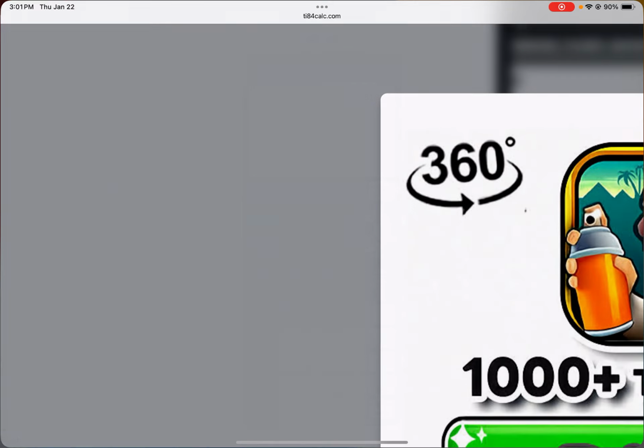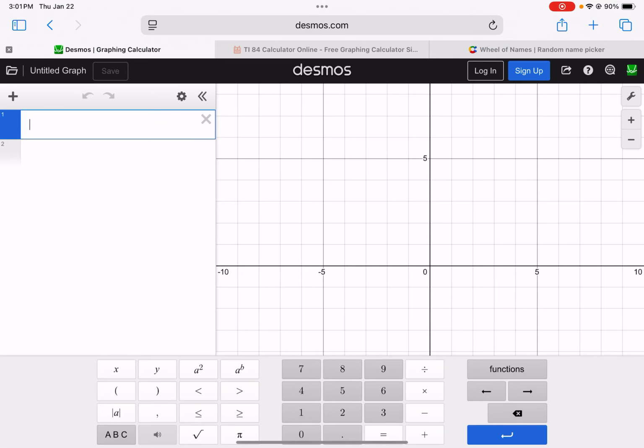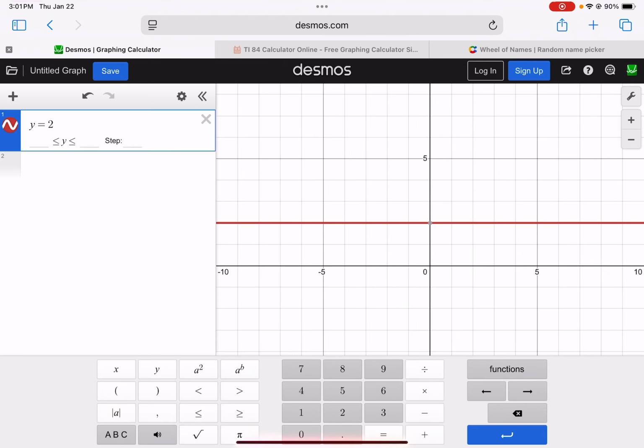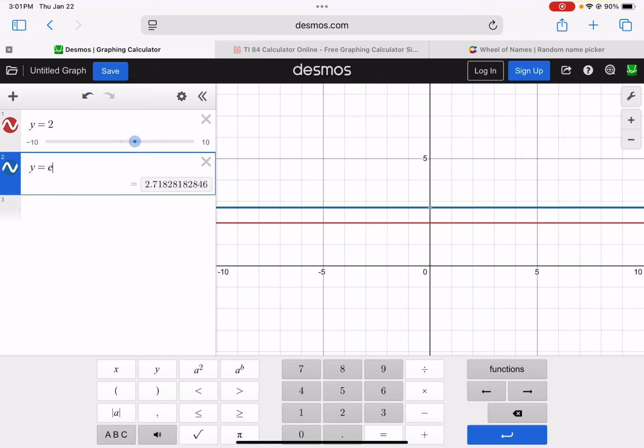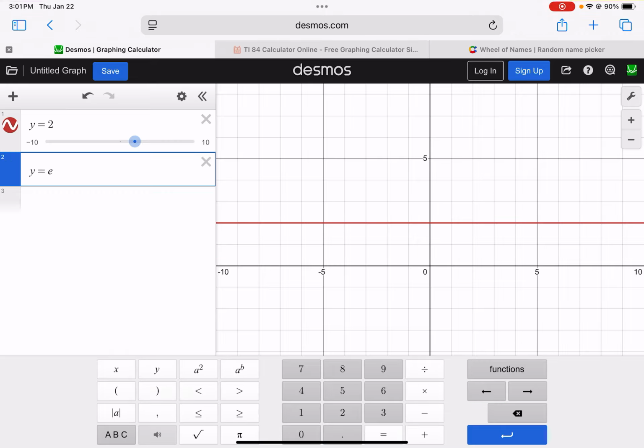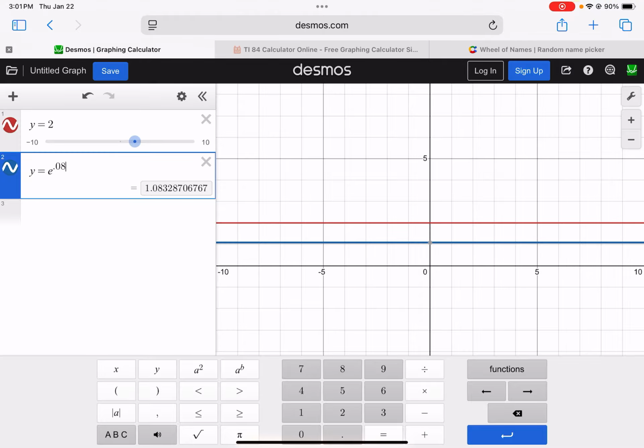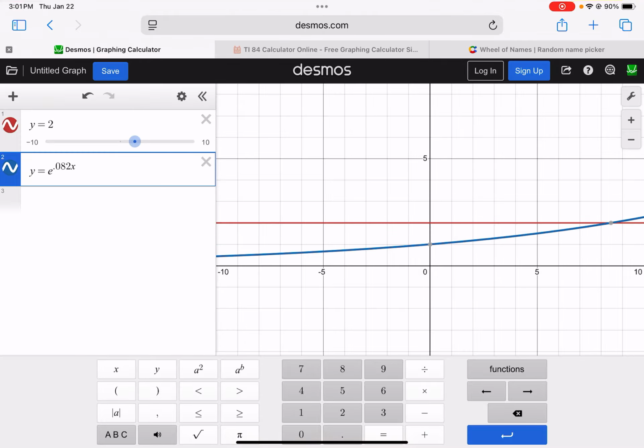Okay, so I'll graph the left side and the right side. So I'm going to say y equals 2, and y equals E to the 0.082 x power, I'll say.